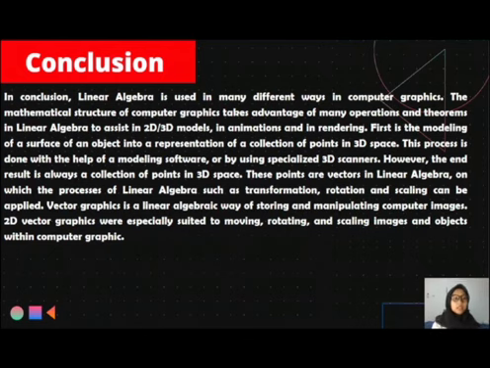However, the end result is always a collection of points in 3D space. These points are vectors in linear algebra, on which linear algebra processes such as transformation, rotation, and scaling can be applied. Vector graphics is a linear algebra way of storing and manipulating computer images. 2D vector graphics are especially suited to moving, rotating, and scaling images or objects within computer graphics.